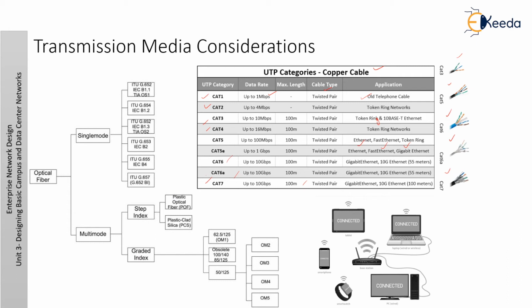Some security issues are also associated with electromagnetic interference. Hackers with access to cabling infrastructure might eavesdrop on the traffic carried across UTP because these cables emit electromagnetic signals, so they can capture your data.